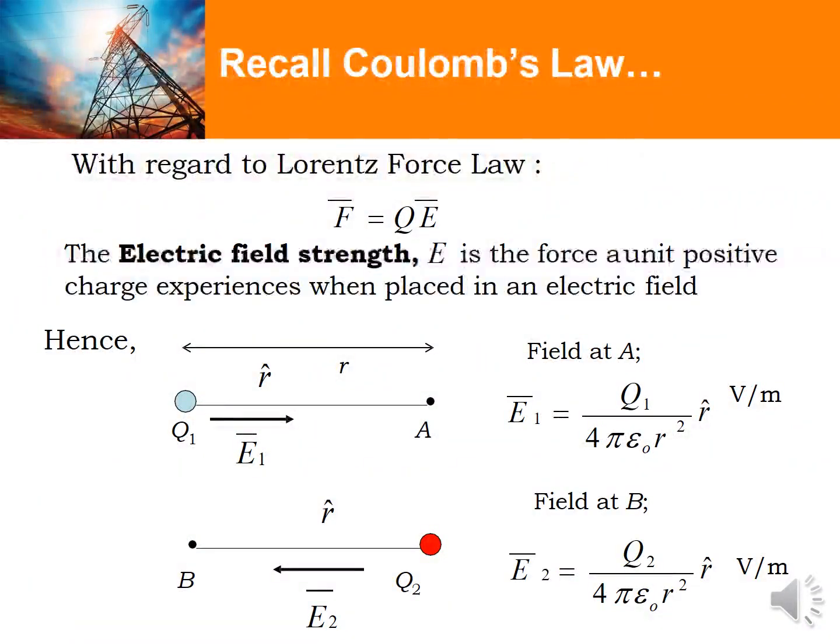The force experienced by a charge or a group of charges due to other charge or charges within a surrounding space region is defined as electric field strength or electric field intensity, symbolized by E.